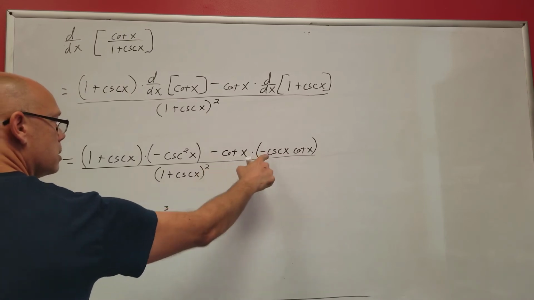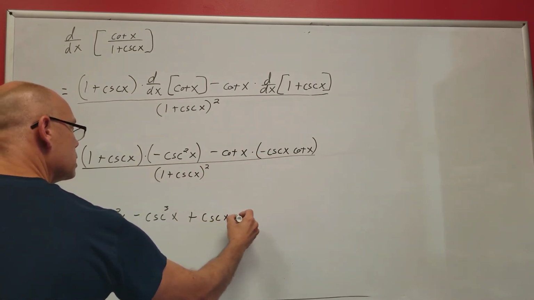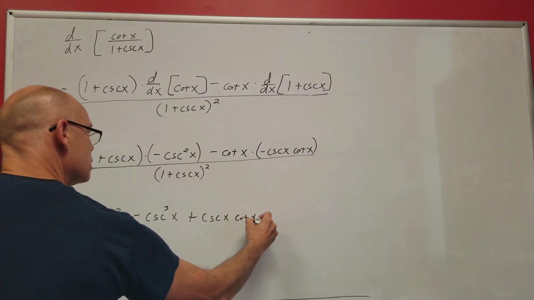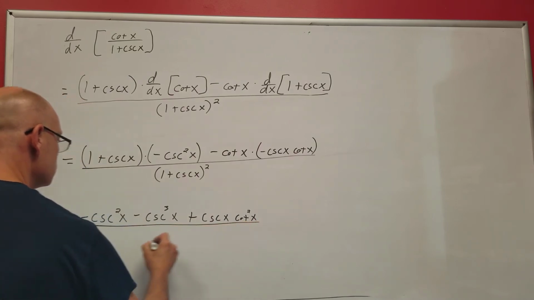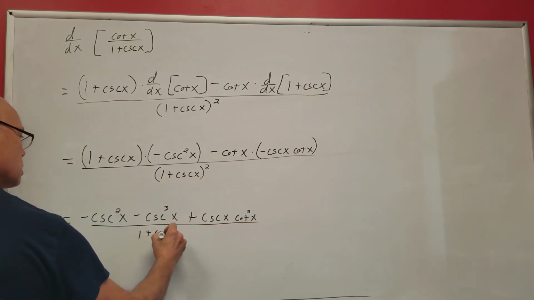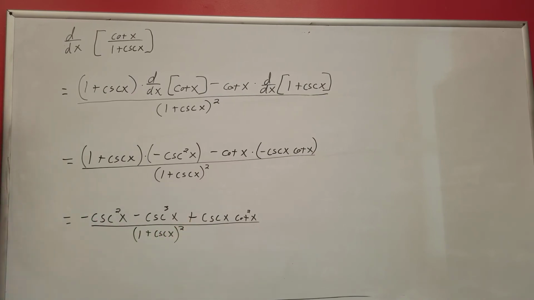Plus, because the negative times the negative gives me cosecant of x times cotangent of x squared, right? All over 1 plus cosecant of x quantity squared.